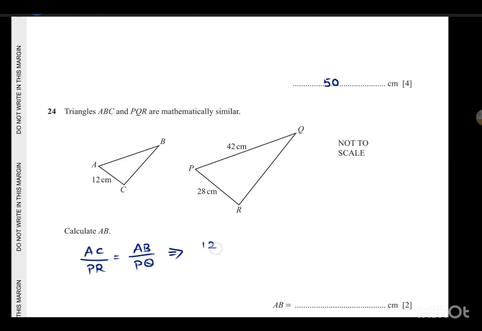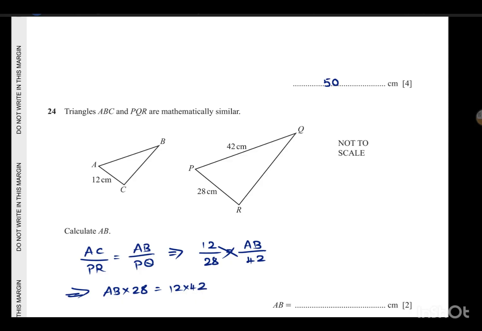AC is 12 centimeters, PR is 28 centimeters, and AB is not given, we have to find out. PQ is given, which is 42. Cross multiply to find the value of AB. So AB multiplied by 28 is equal to 12 into 42.